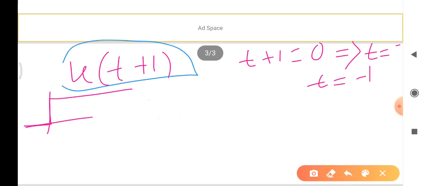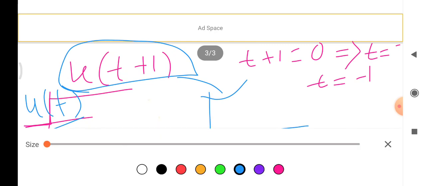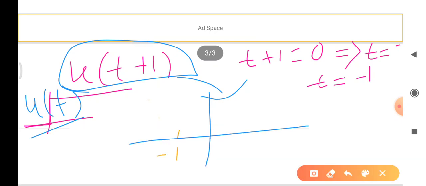This is your u of t signal. The u of t plus 1 signal starts from minus 1, and the magnitude remains the same, 1. This is your u of t plus 1.